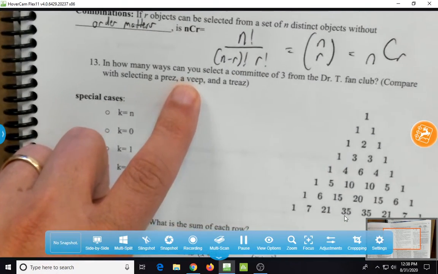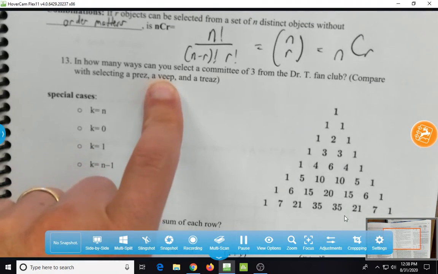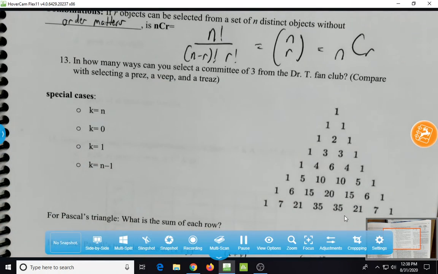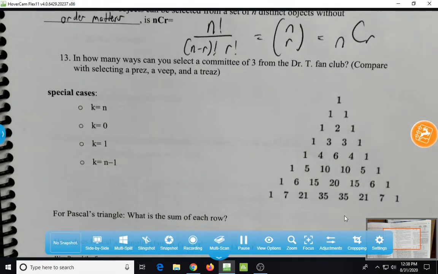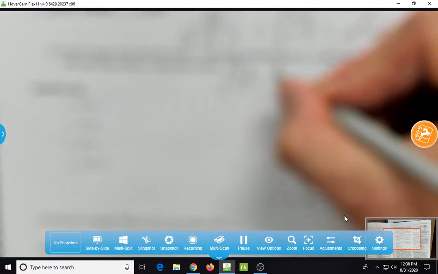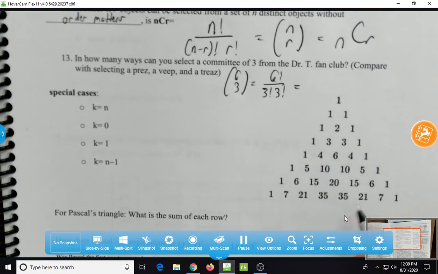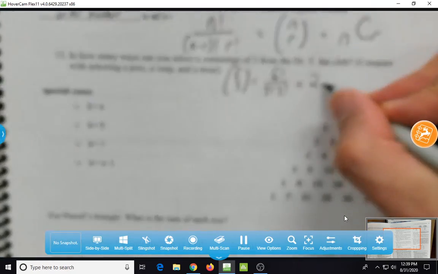So now let's go back to Katie and Lauren. In this case, they just need to make a committee for Dr. T's fan club. Have 6 students available to them. And so that would be 6 choose 3. In other words, 6 factorial over 3 factorial over 3 factorial, and that's actually 20.